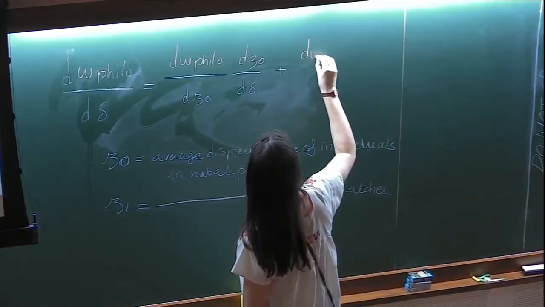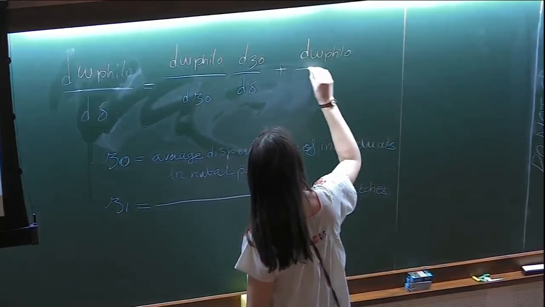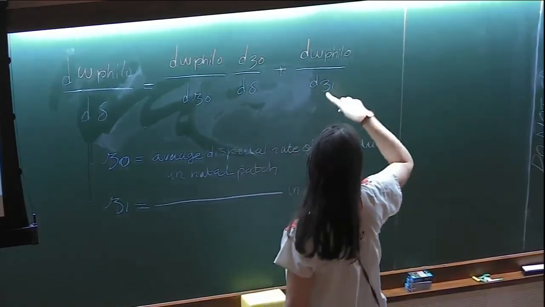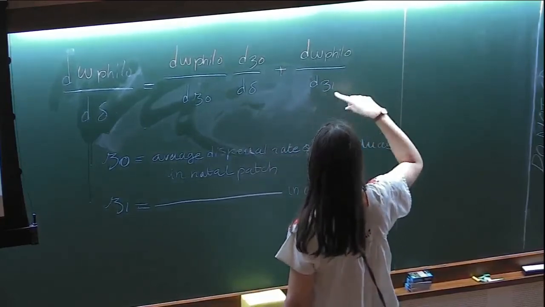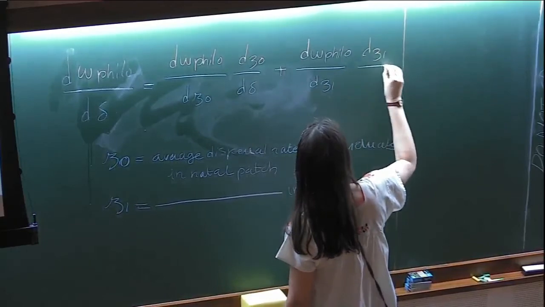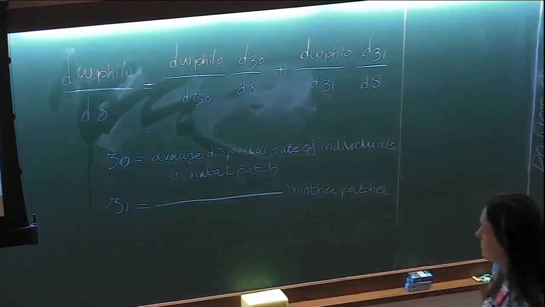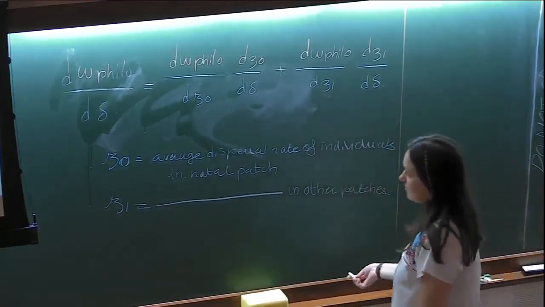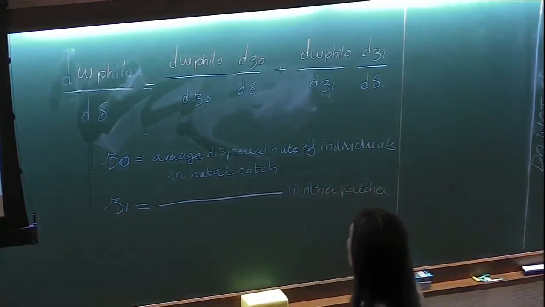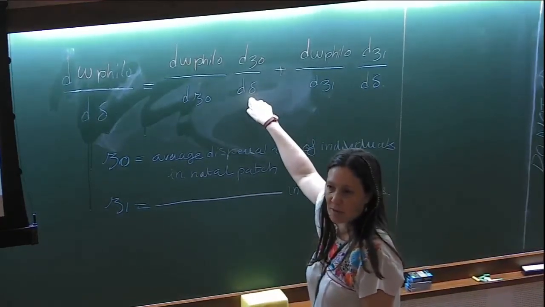It also depends on the number of immigrants, which depends on the dispersal rate of other patches, and how this dispersal rate of other patches depends on my genotype. So all this is a little bizarre, because this is the genotype of the focal individual.